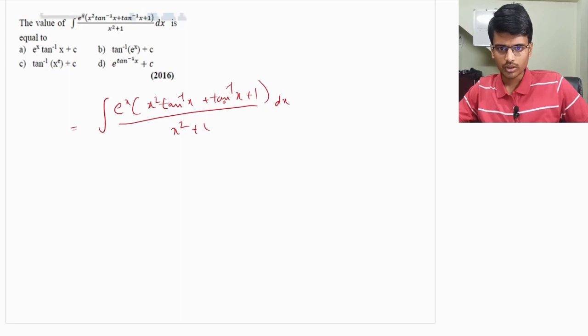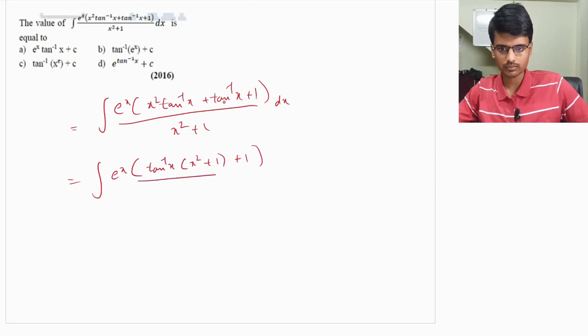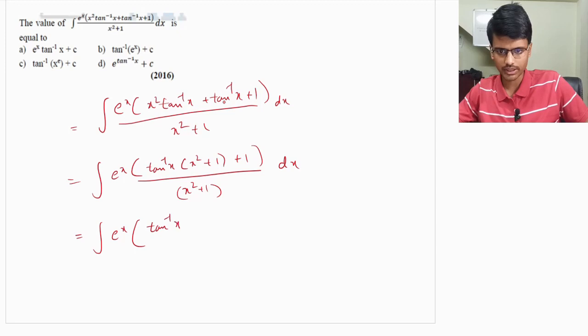I can take tan inverse x as common, plus 1 divided by x square plus 1 dx. I'm simplifying the given question. That's it: e power x into tan inverse x plus 1 by 1 plus x square.